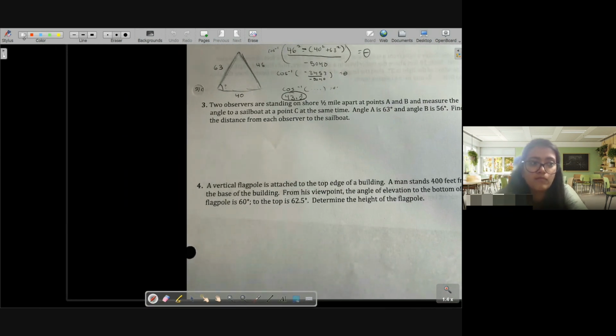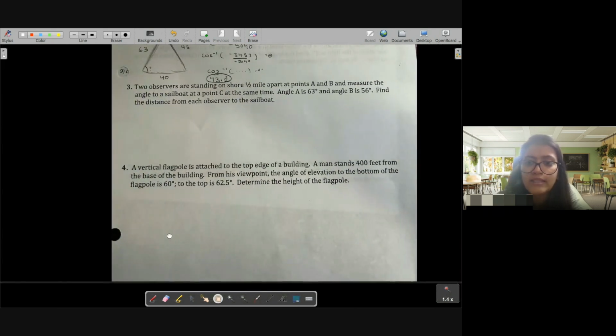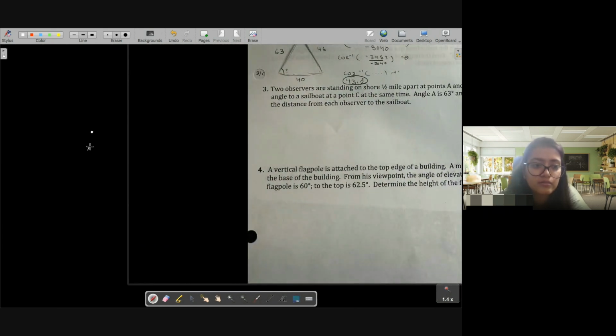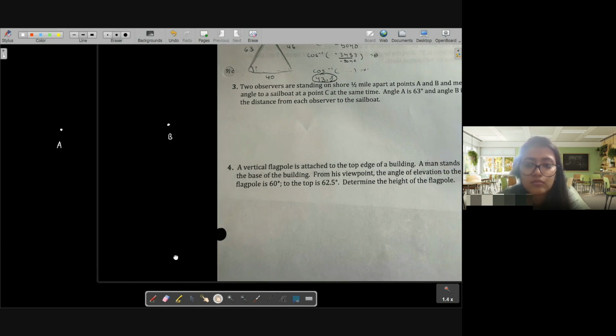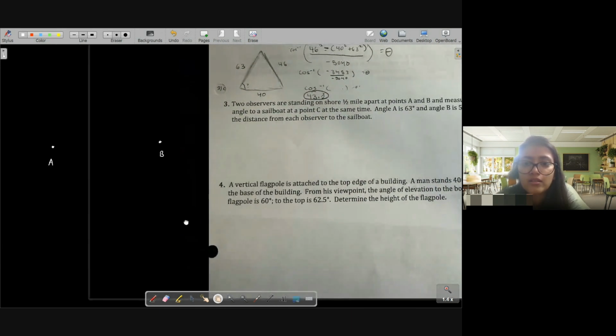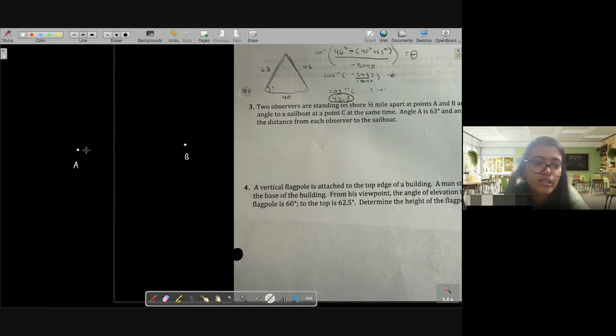Okay. Let's say both of them are at points A and B, half a mile apart. So the distance between these points is 1/2.